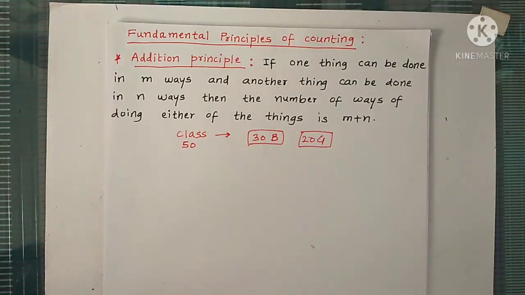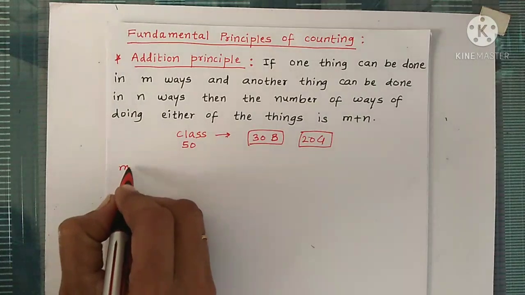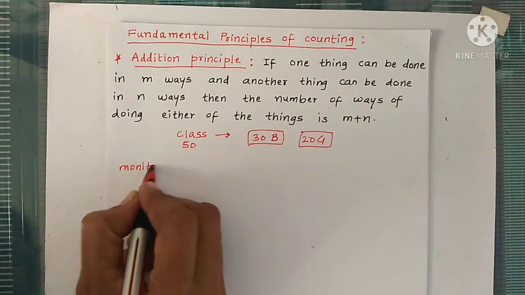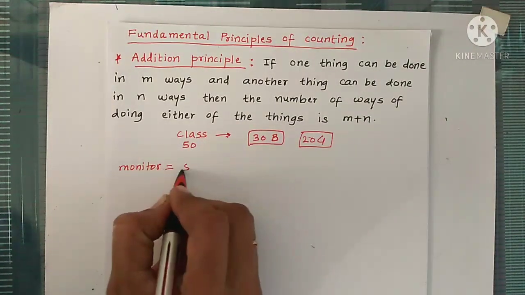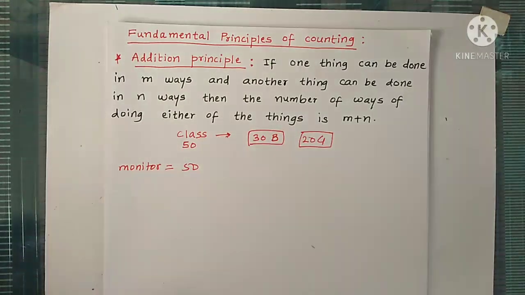Now if a class teacher wants to select a monitor from these 50 students and everybody has an equal chance to be selected, then the total number of ways of selecting a monitor is 50, because we have 50 students and everyone has a chance to be selected.